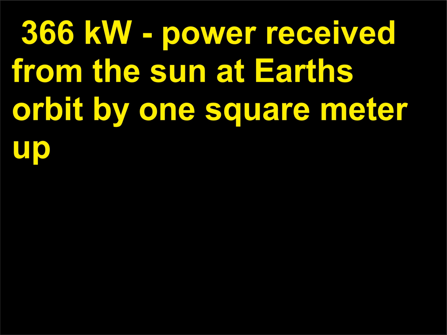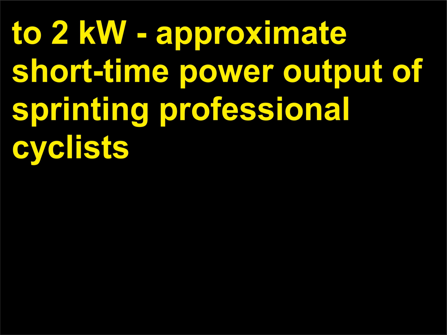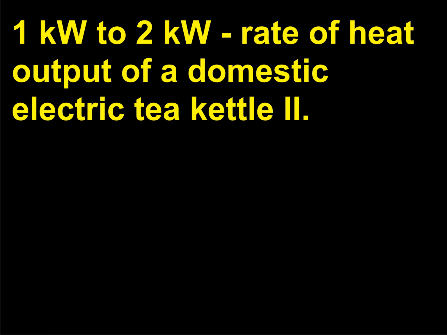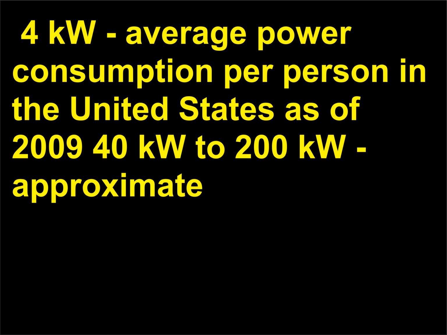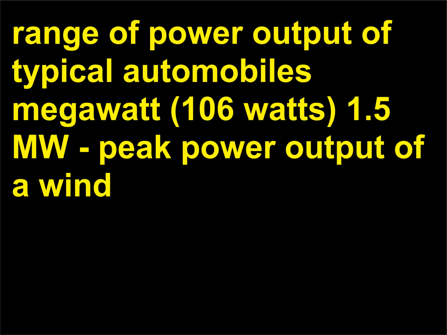1.366 kilowatts, power received from the Sun at Earth's orbit by 1 square meter. Up to 2 kilowatts, approximate short-time power output of sprinting professional cyclists. 1 to 2 kilowatts, rate of heat output of a domestic electric tea kettle. 4 kilowatts, average power consumption per person in the United States as of 2009. 40 to 200 kilowatts, approximate range of power output of typical automobiles.